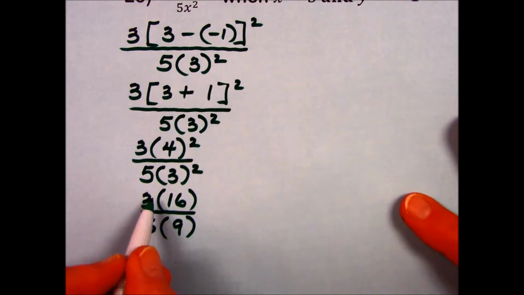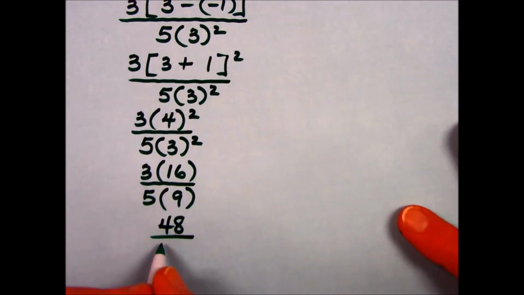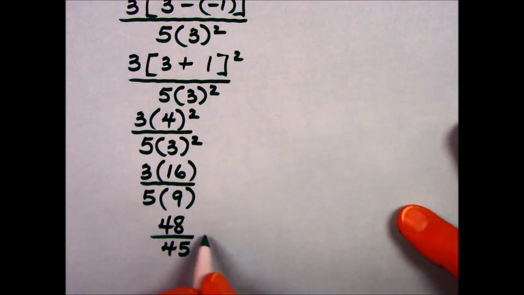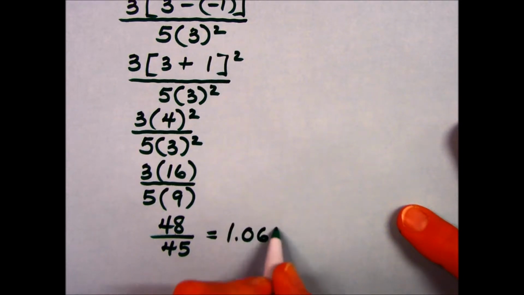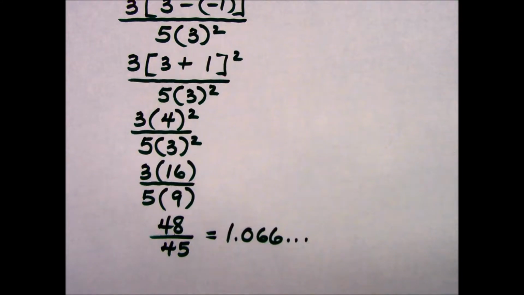The multiplication in the numerator, 3 times 16, will result in a 48. The denominator, 5 times 9, is going to give us a 45. And finally, we get to do the division, grab our calculators, or simplify the fraction, which is going to give us 1.0666 repeating.